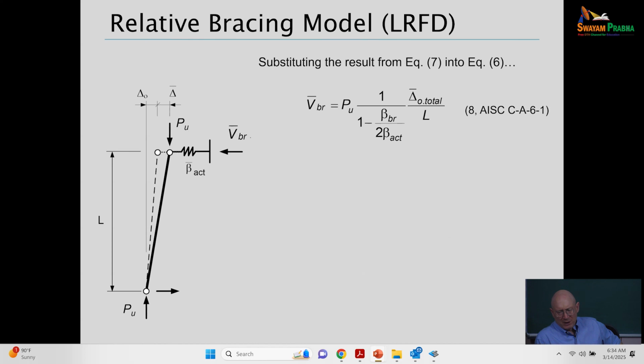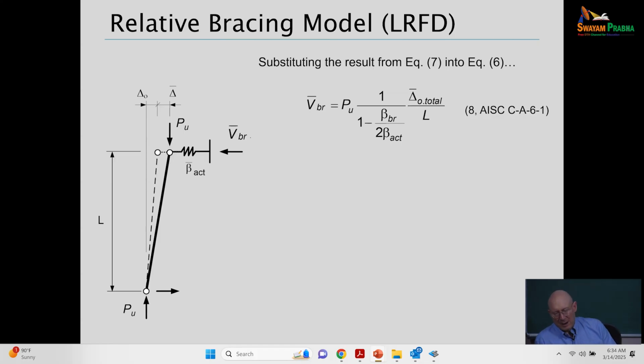And what this equation does is, if we say beta BR is the required bracing stiffness, what Appendix 6 is saying you have to provide, well, we might have an actual bracing stiffness that's larger than that. If the actual bracing stiffness is exactly equal to beta BR, then notice what happens in that equation.